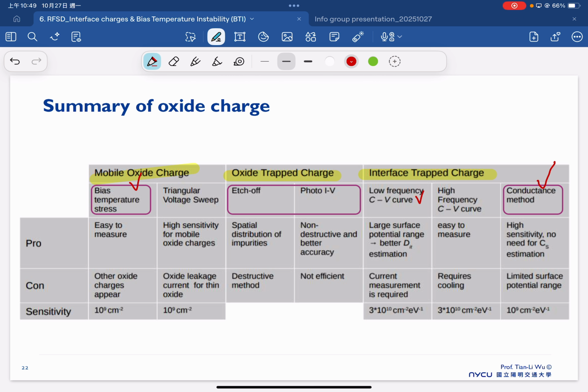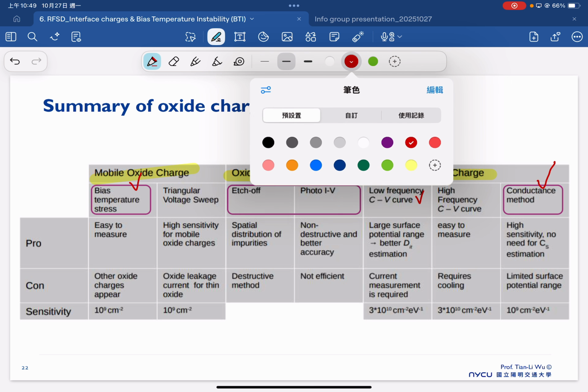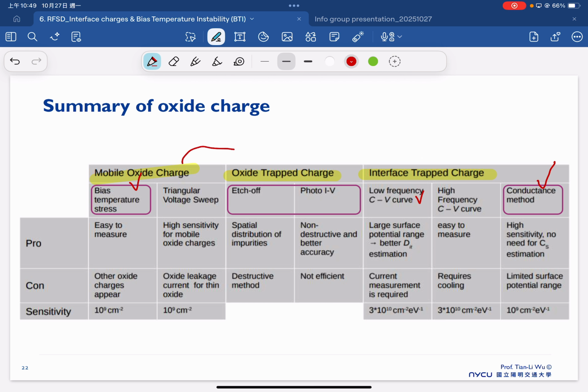In the end, all of these contribute to the threshold voltage shift, and this shift highly depends on the bias and temperature. Different bias temperature conditions give us a different threshold voltage shift.